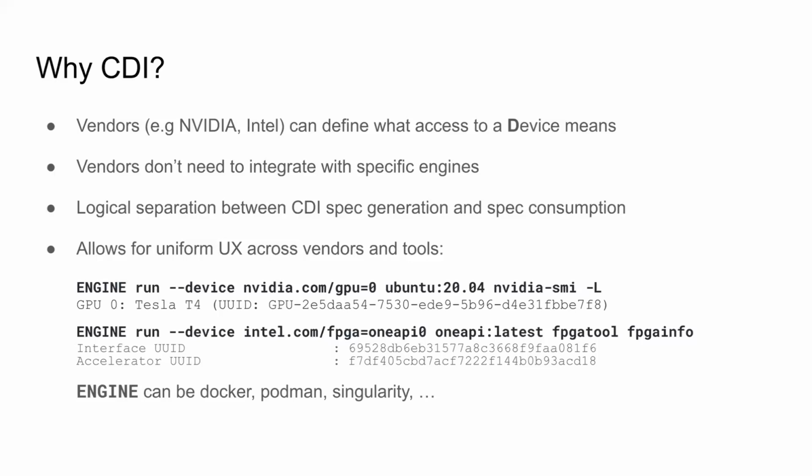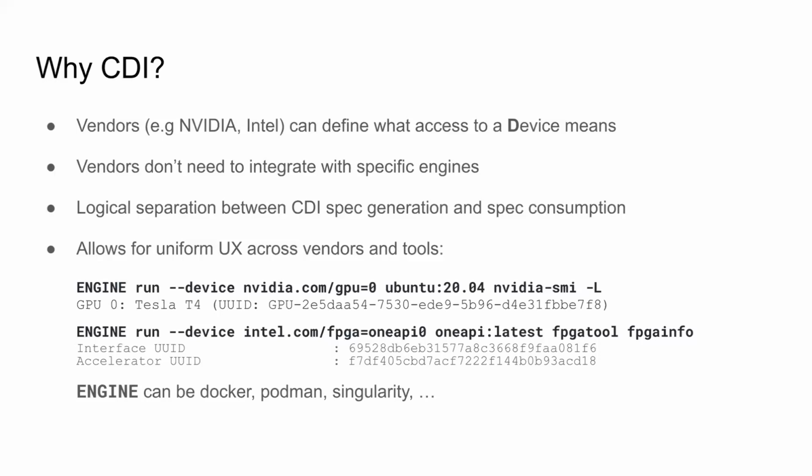Instead, we can generate the specs once and name resources offline, and separate that from running and consuming those resources in different environments. I think that is useful from our perspective as well. And because we're using an open standard, it allows uniform UX across vendors and tools, which wasn't true, at least for NVIDIA devices, up until now.